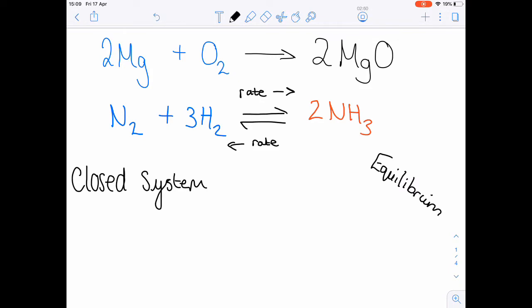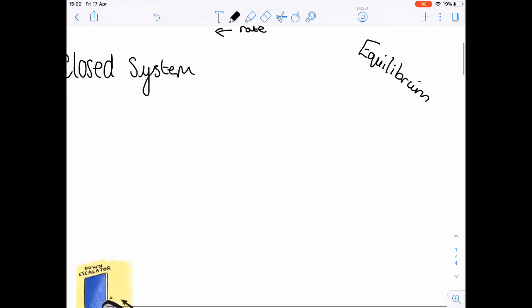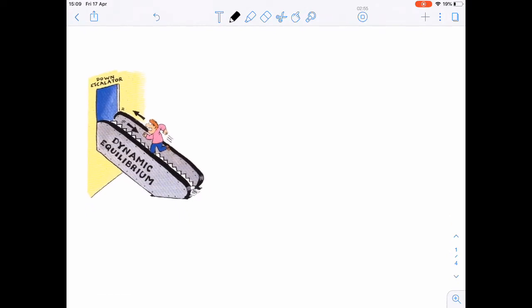And I've got that on the next slide, so if we just scroll down, I've got a kind of real life analogy. So say this man is on a down escalator, he's decided he needs to go back to the top, he's turned around in the middle and he's running up the escalator, and at the minute he's stuck in the middle, and the reason he's stuck in the middle is because the speed at which he's running up is exactly the same speed that the escalator is going down, so he's actually going to get stuck.